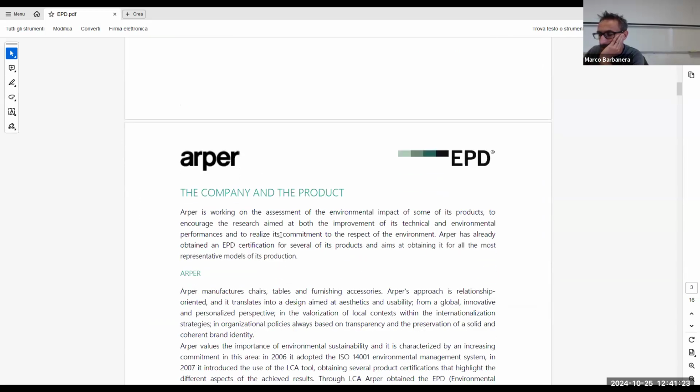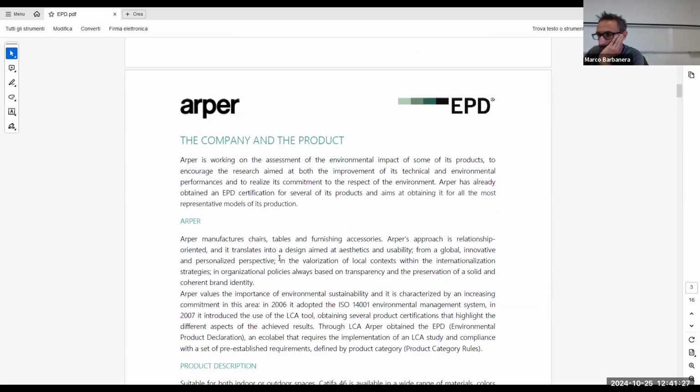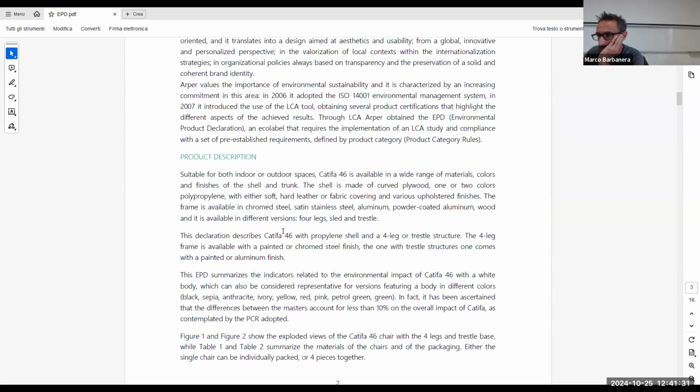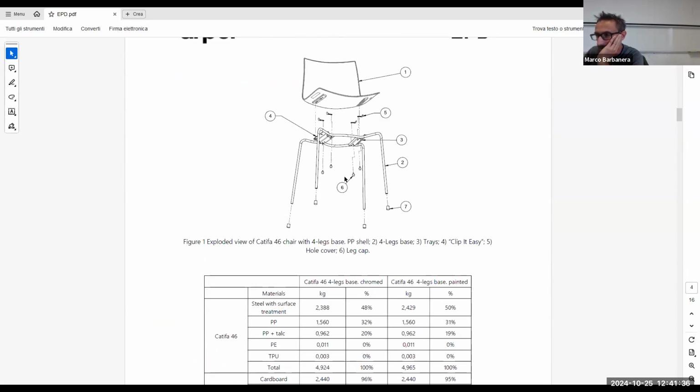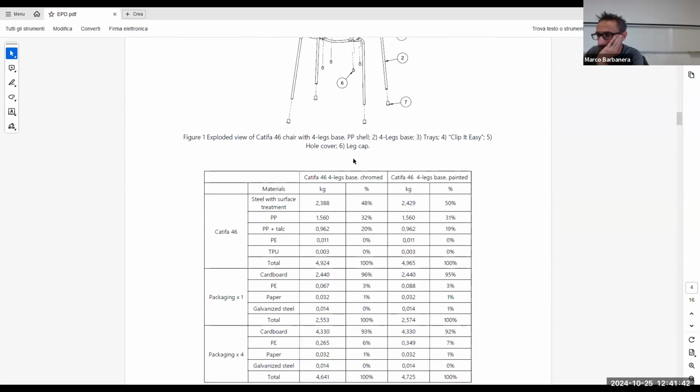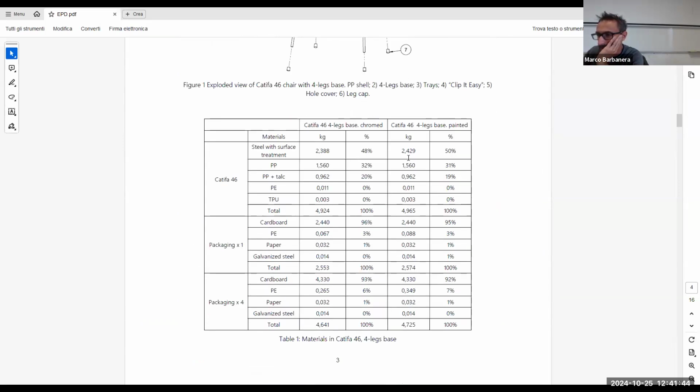first of all a description of the company, a description of the product. This is the product. This is the chair to be analyzed. You have here a sort of bill of materials.